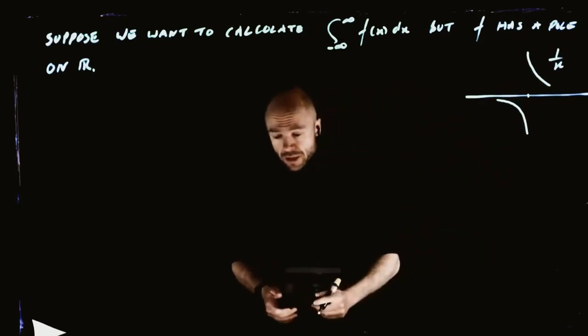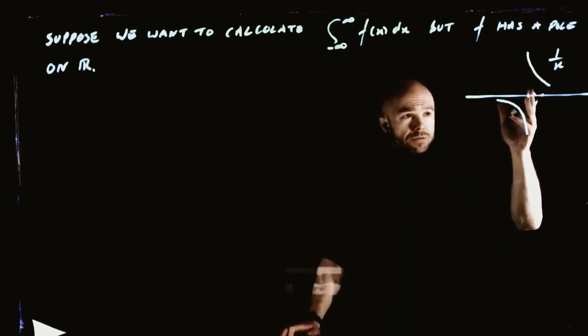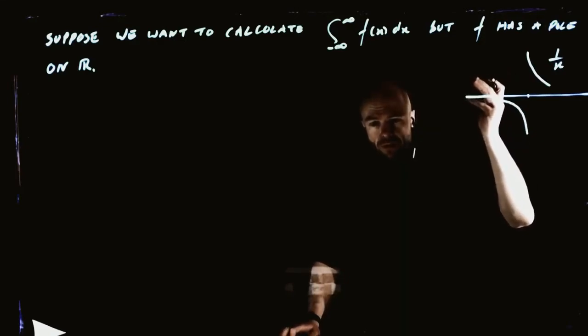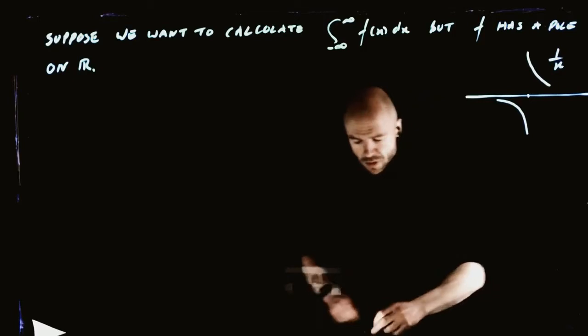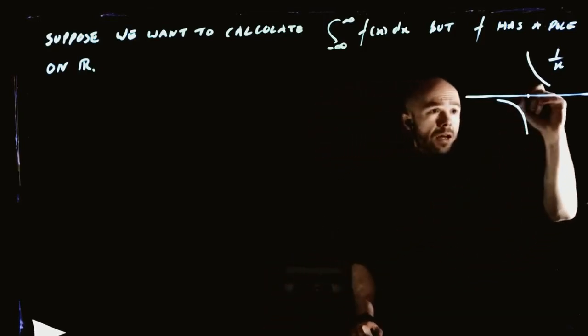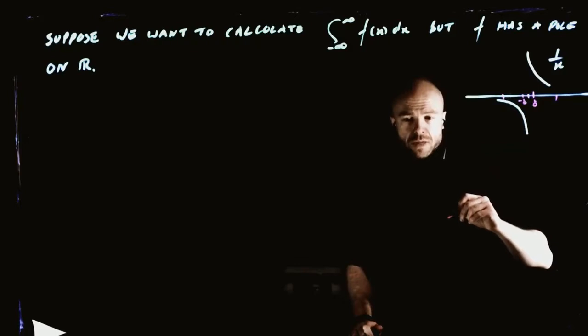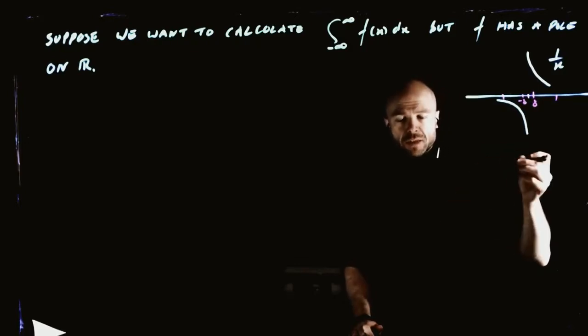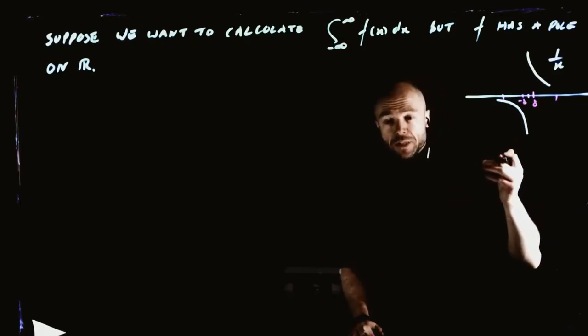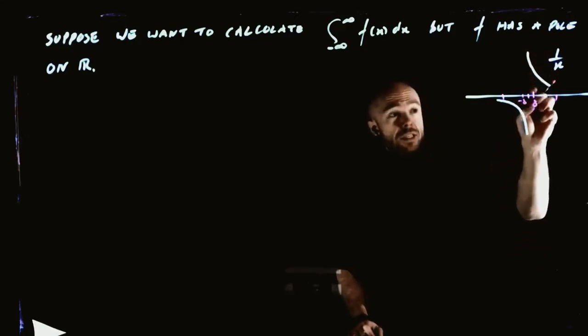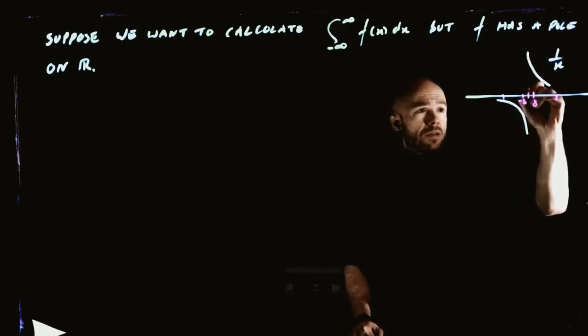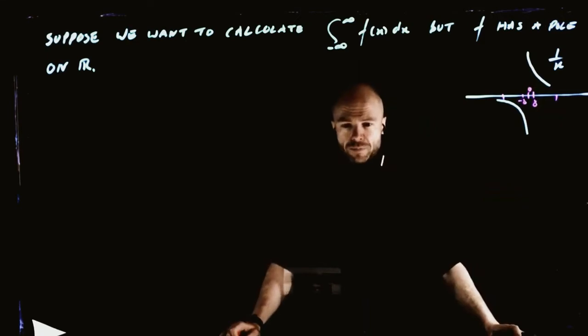So if we integrate 1 over x from 0 to 1, as you guys know, this is infinite. This doesn't converge. But if we take a particular kind of integral where we integrate from delta to 1 and also from minus 1 to minus delta, and we add those up, and then we take the limit as delta goes to 0, that thing actually will converge, because these things that are blowing up will cancel each other out.